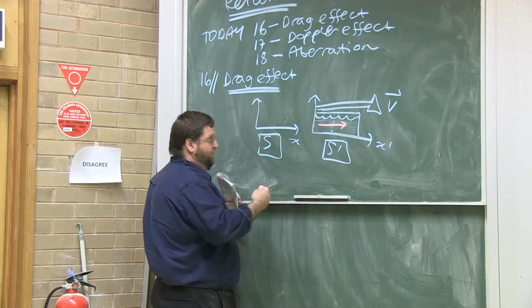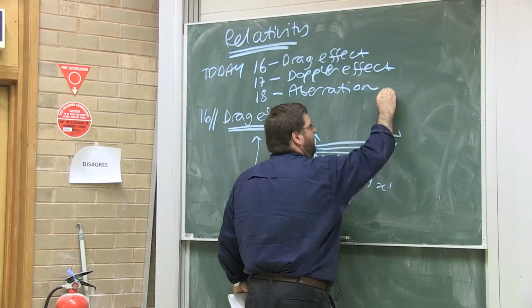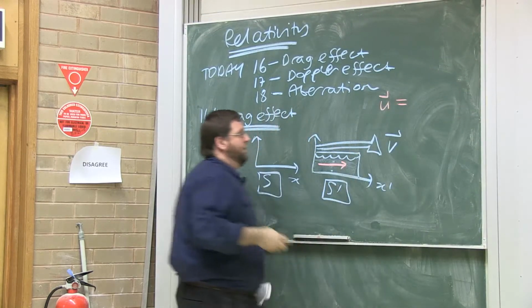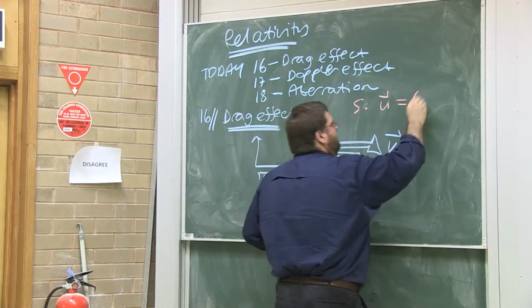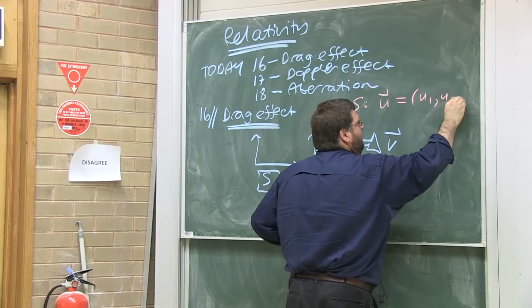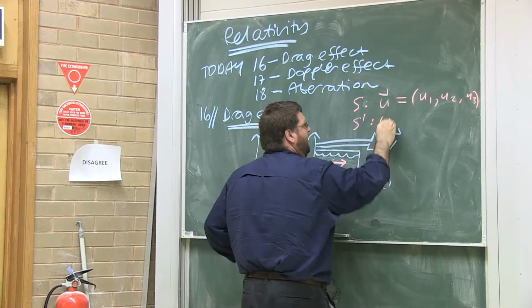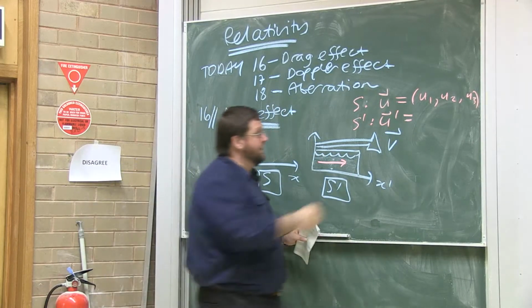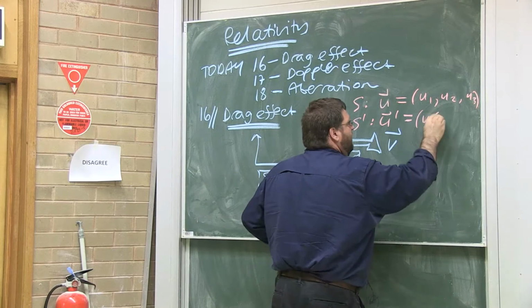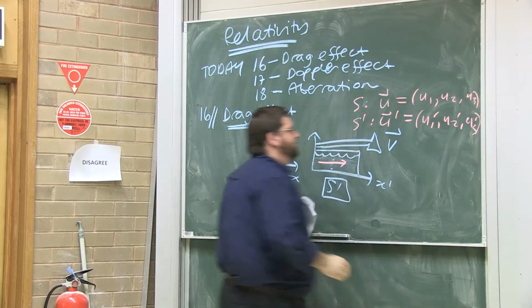Now, just to use the previous notation, we have velocity vectors of some object, which would be denoted without primes in the S frame. So the velocity vector would have Cartesian components u1, 2, 3, and according to the S prime frame, the same object would have velocity vector u prime with corresponding primed Cartesian components.